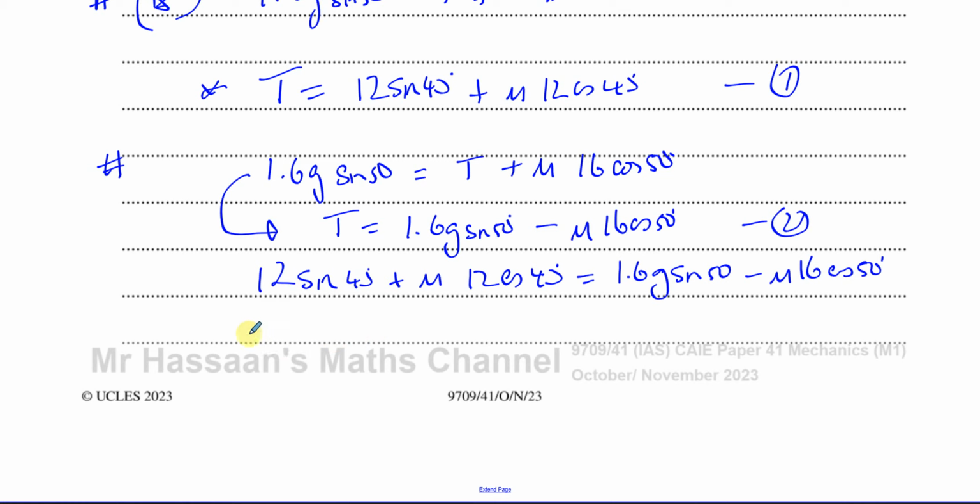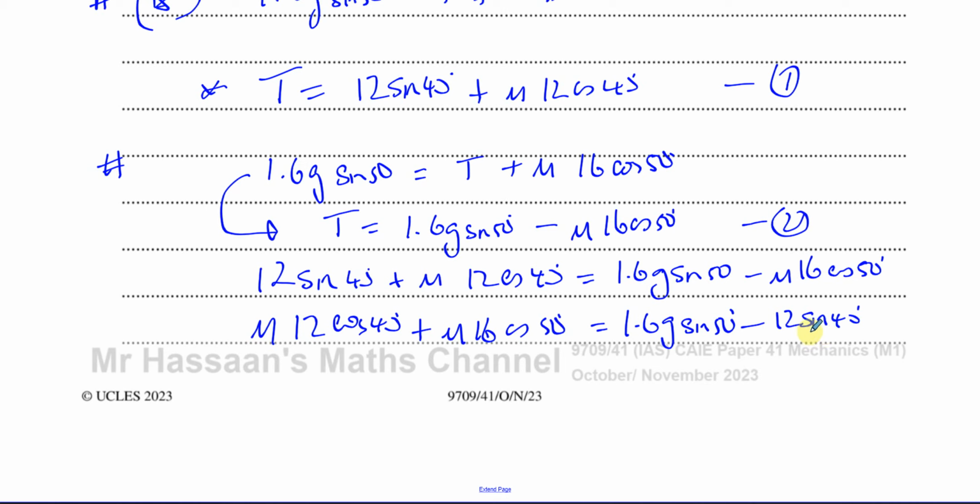I can bring the mu's together. So I have mu times 12 cosine 40 plus mu times 16 cosine 50 equals 1.6g sine 50 minus 12 sine 40.